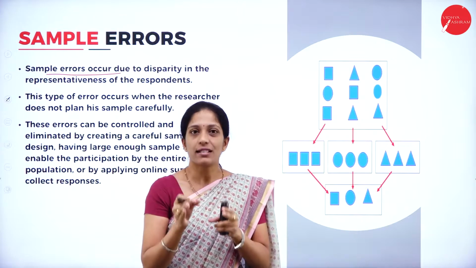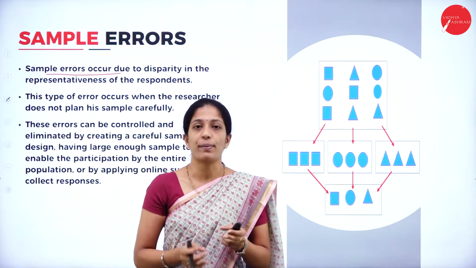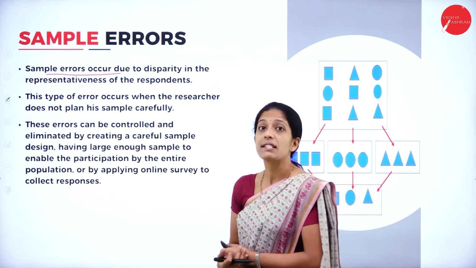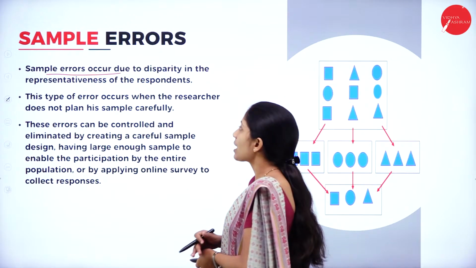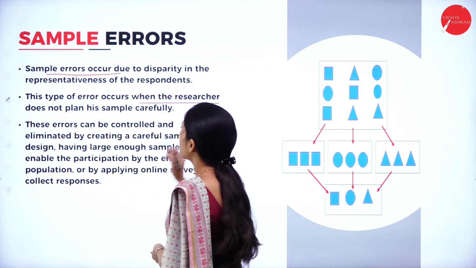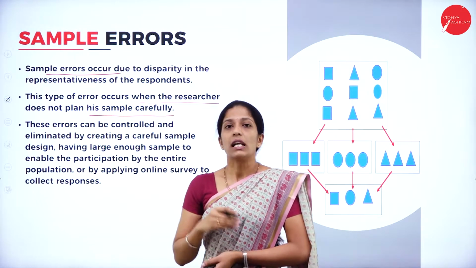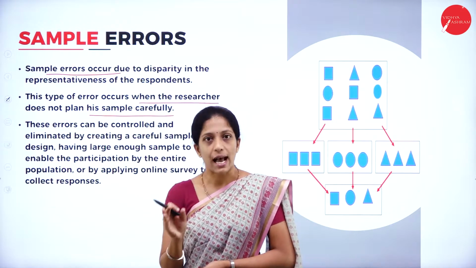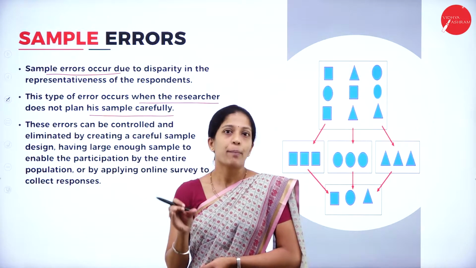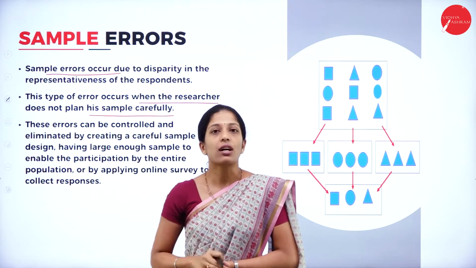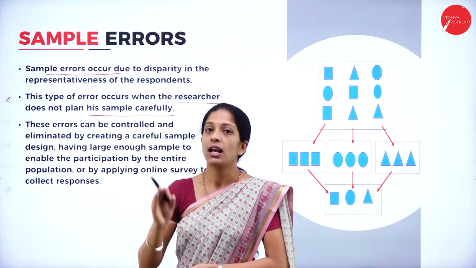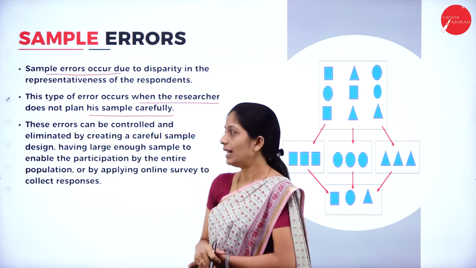Suppose the sample is not representing the entire population, then it leads to sample error. This type of error occurs when the researcher does not plan a sample carefully. If he has not selected the sample carefully, or the sample he has selected does not represent the entire population, then it leads to sample error.